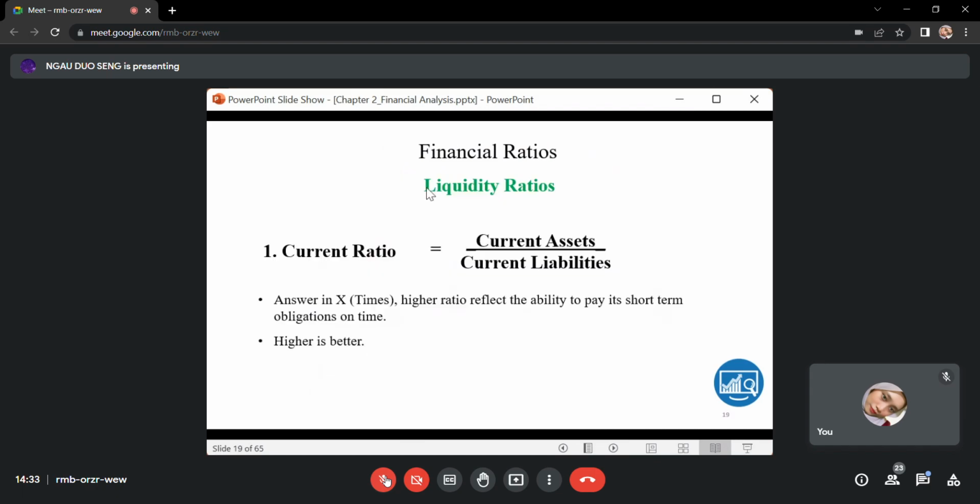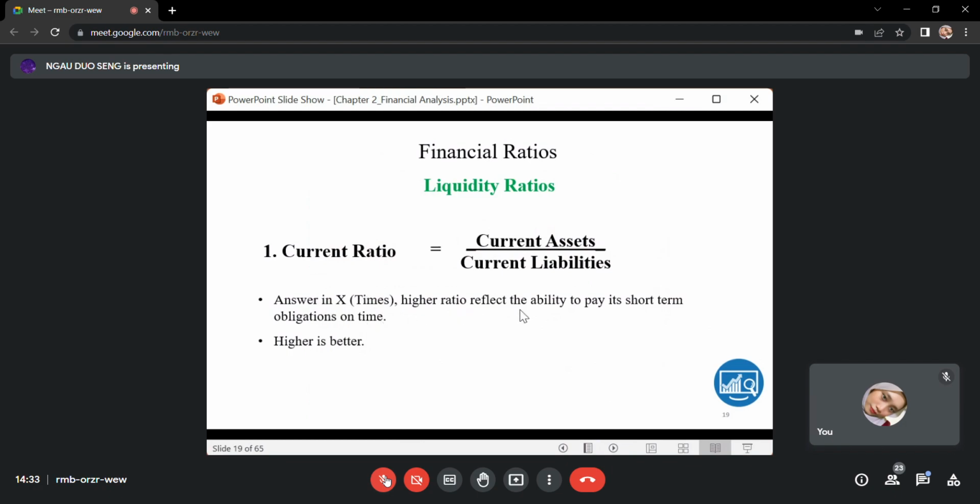We have the liquidity ratio. Under liquidity ratio, kita ada current ratio, which is the current asset bahagi dengan current liabilities. Right, so answer in X, meaning in times, 2 times, 3 times.